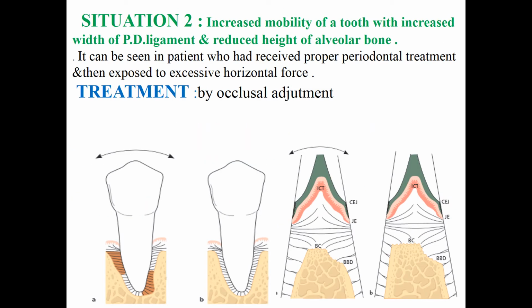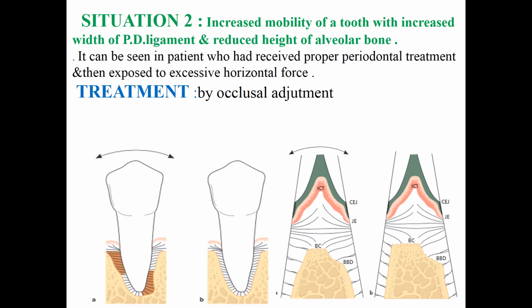Situation 2 of increased tooth mobility. There is mobility of the tooth with increased width of periodontal ligament and reduced height of alveolar bone. This condition can be seen when a patient is receiving proper periodontal treatment, but because of the periodontal destruction, there is reduced height of the alveolar bone.